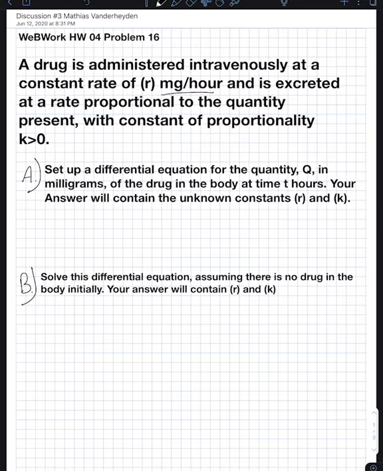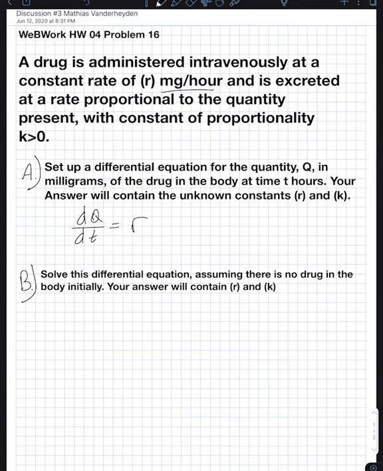The drug is administered intravenously at a constant rate of R milligrams per hour. So we need to set up a differential equation for the quantity Q. That's going to be dQ/dt, because we're looking against time here.